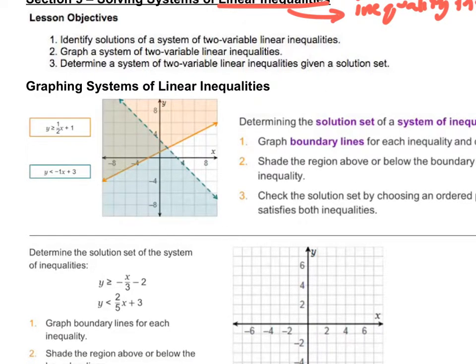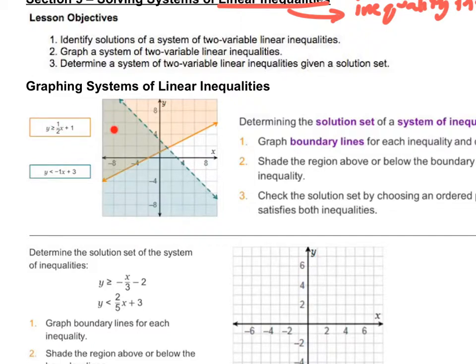So the difference between the last section and this one is that we have two of these inequalities. When you see here, you have this inequality y is greater than or equal to 1/2 x plus 1. That's this inequality here, and the y values are larger than that line. Any point in the shaded region satisfies a solution to this inequality.